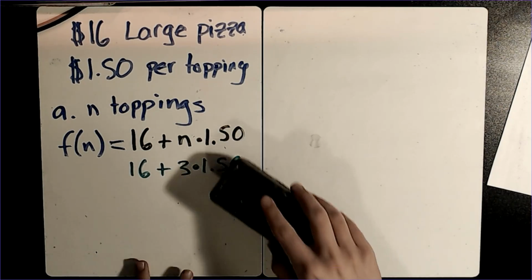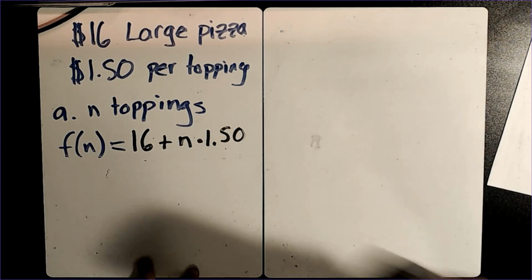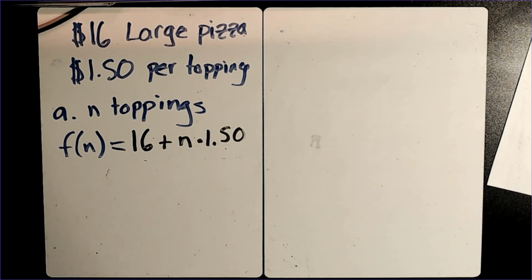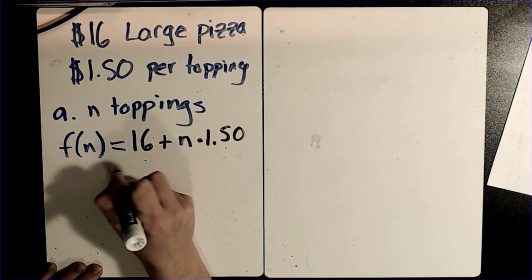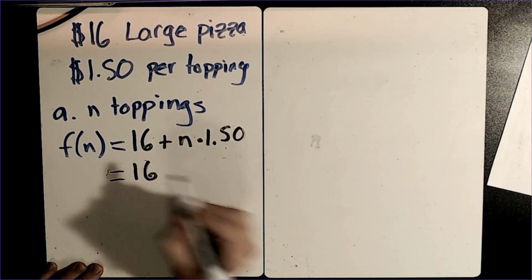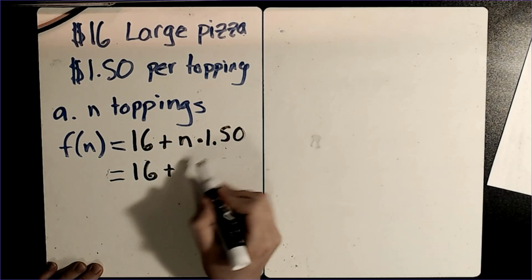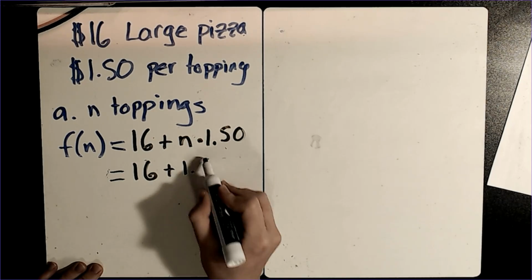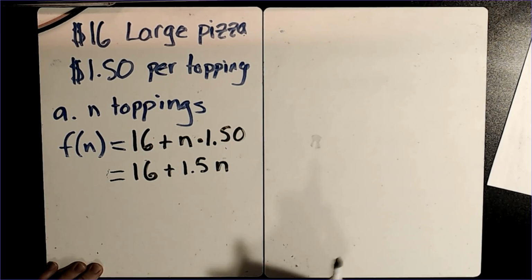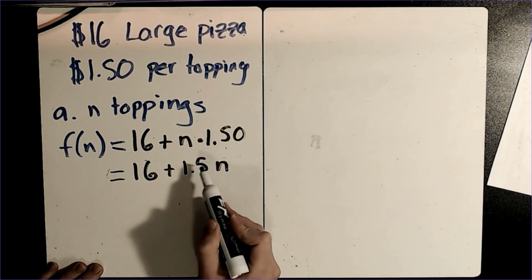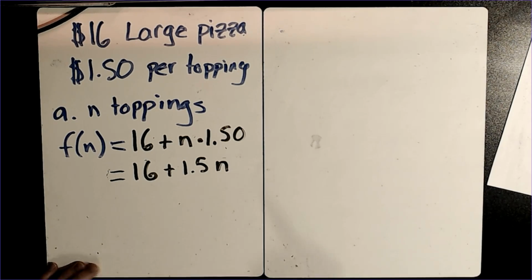That's your function here. And I'm maybe just going to rewrite it so that it looks a little bit more familiar. It would be 16 plus 1.5n, okay, because 150 is the same as 1.5, and I just changed the order because typically we don't write x times a number, we write the number times x, but either's fine.